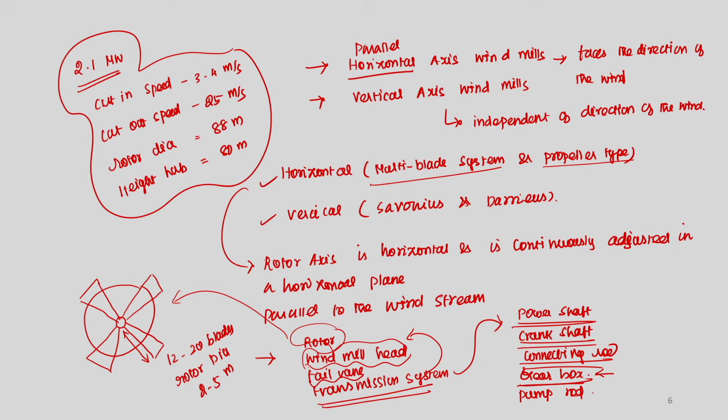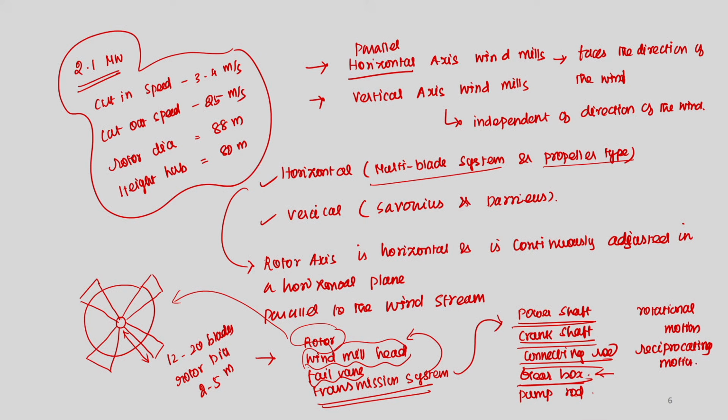So, this gearbox is mainly used to reduce the speed, right. So, there are two kinds of motion, one is rotational motion and the other is reciprocating motion.